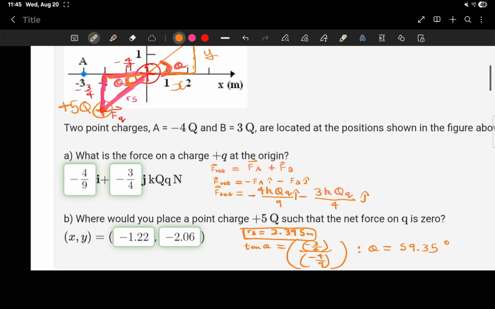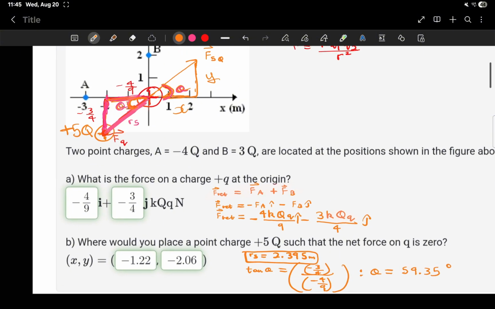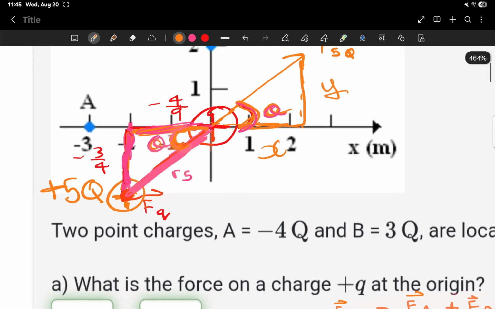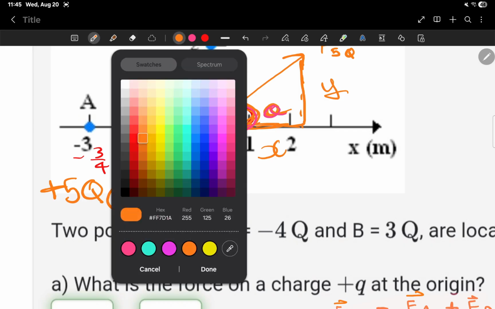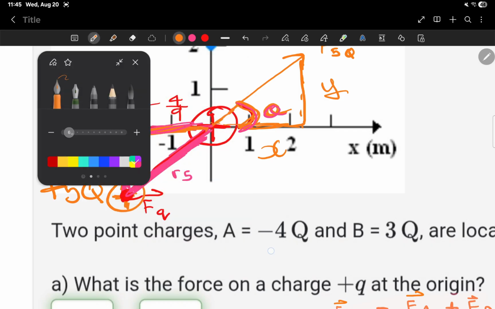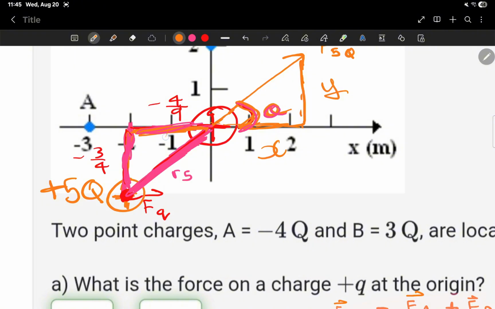So, one thing to keep in mind about this angle is that we got a positive answer, but the main thing we need to keep in mind is that we're actually sitting below the x-axis. So when we're sitting below the x-axis in this direction, we say it's actually negative.